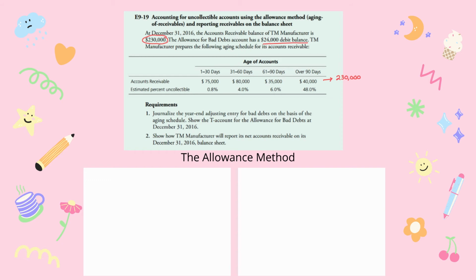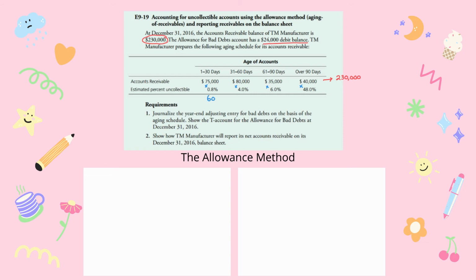Now he gave you the uncollectable percentage, so you need to multiply the accounts receivable by the percentage to get the estimated amount to be uncollectable. So 75,000 times 0.8 divided by 100 is going to be 600.